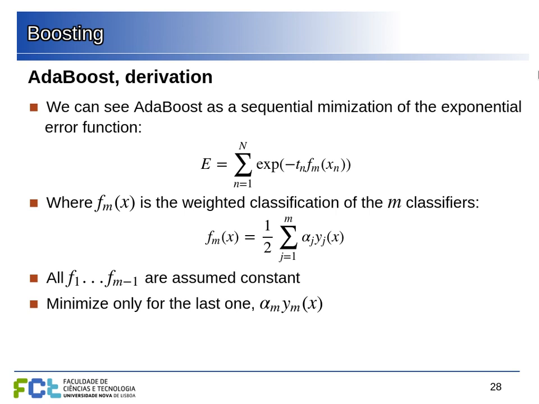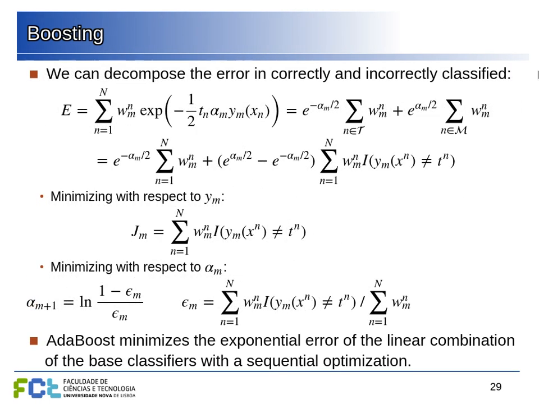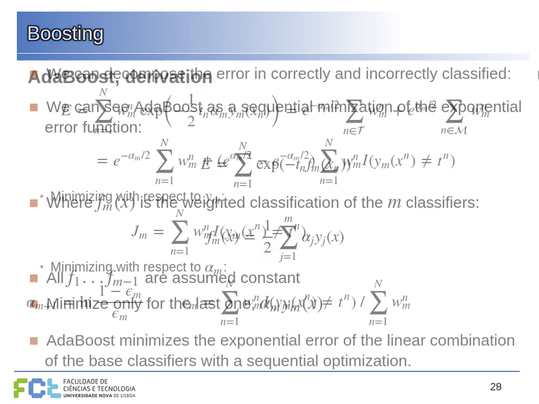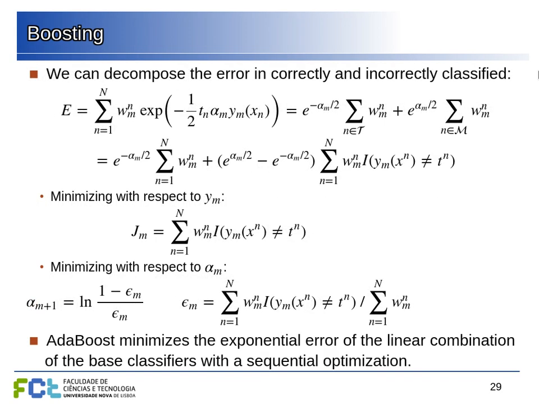If we do it this way, we can consider only the last classifier in the minimization, the others are constant, and we can decompose this into the error contribution of those points that are correctly classified and those that are incorrectly classified.